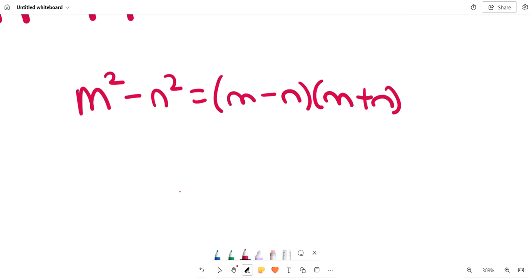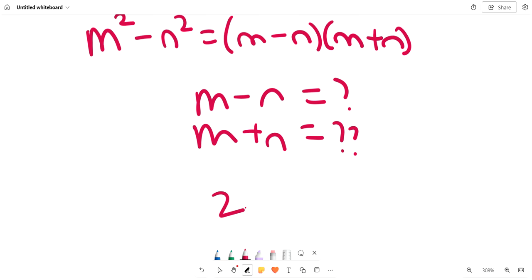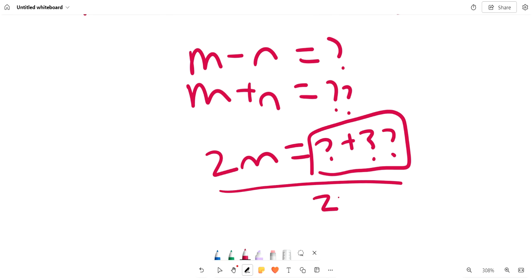If we set this equal to something, let's say m minus n equals something, and m plus n equals another something, and if we add these two up, we get 2m equals something plus something. We already know that this has to be an integer because two integers sum to another integer. So we divide by 2.